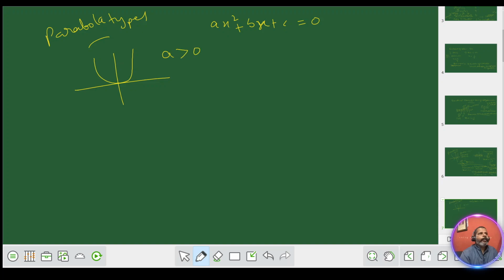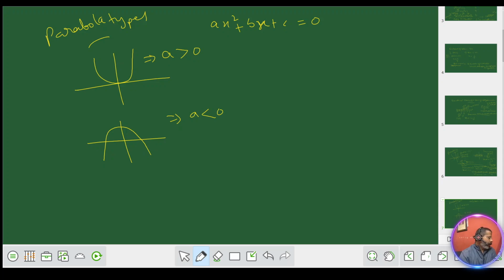When the value of a is greater than 0, we get this type of parabola. Let's see another one, U downwards. When do we get this kind of parabola? When a is less than 0, we get a downwards parabola. Clear? We just need to know that when we plot a quadratic equation, it looks like a parabola.